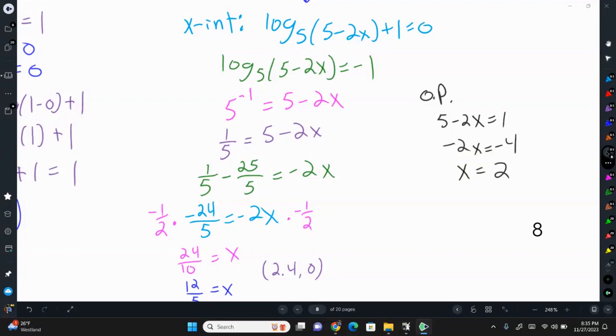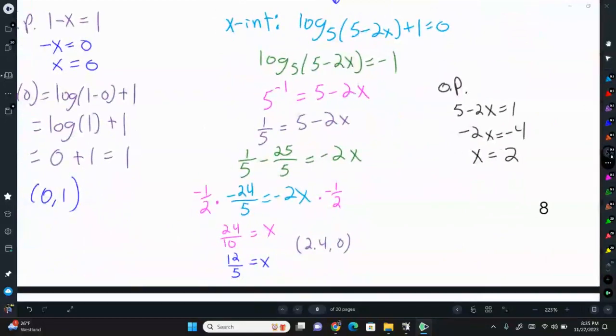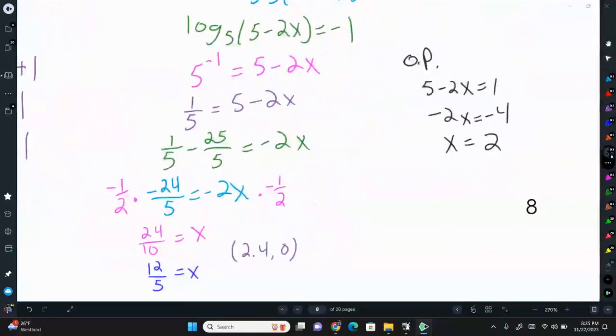Now, if you want to, you can look ahead and say, if I set that inside equal to 5, am I going to get a decimal answer? And if you do, then you may not want to do that. In this case, I set the inside equal to 1, and I didn't get a decimal answer. But if I would get a decimal answer, I might want to change my strategy. Again, you don't have to change your strategy. It just makes things a little bit easier.